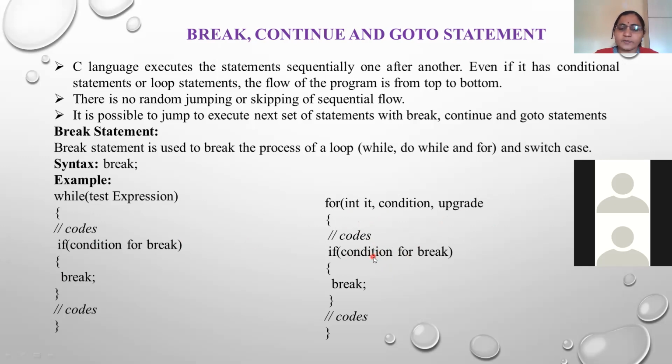Means if the condition becomes true, then it enters into the body and the break keeps the statements within the scope of that if body. Whatever statements come after this break will be skipped and control directly jumps to the next statement just below the if body.